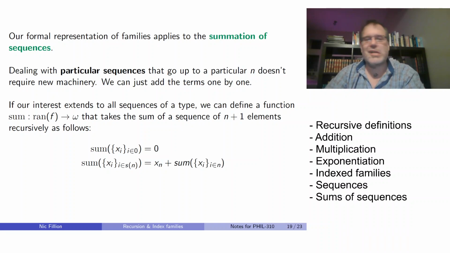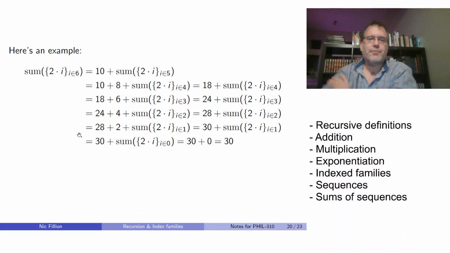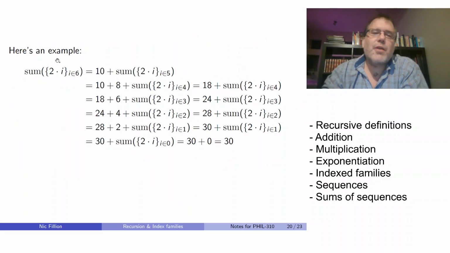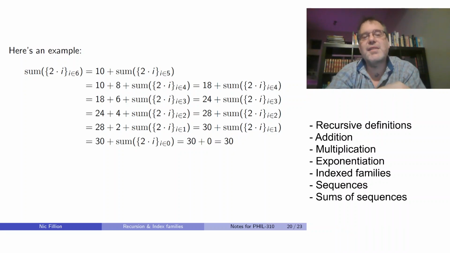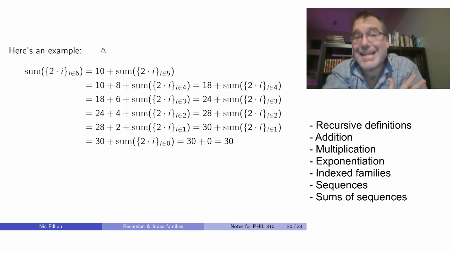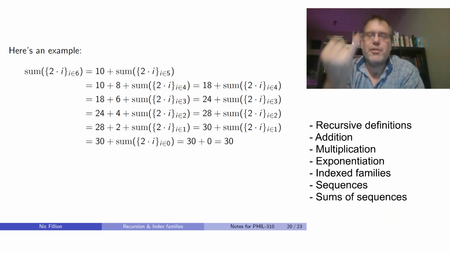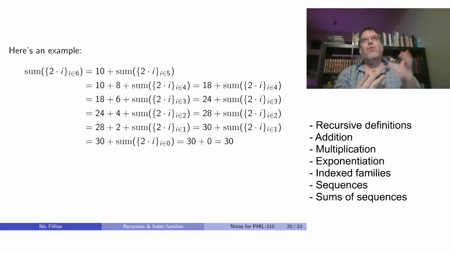So let's look at an example of how that would work. So here I'm trying to sum 2 times i for i going from 0 to 5. That is to say, i in 6, or all the numbers less than 6. So that's going to be 0, 2, 4, 6, 8, 10.